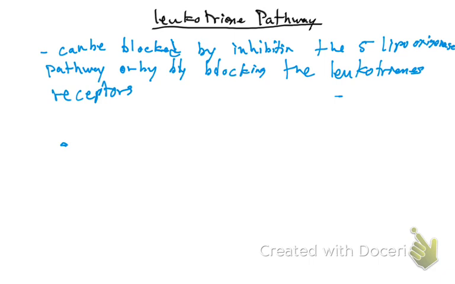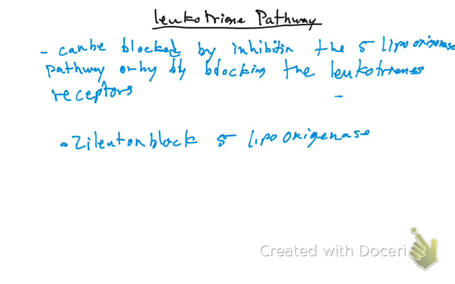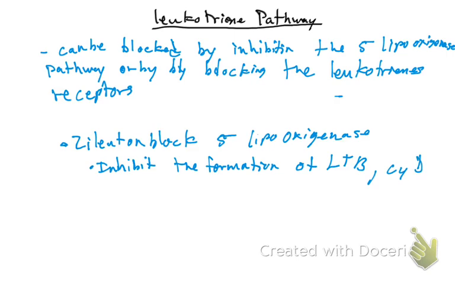So zileuton is a drug that blocks 5-lipoxygenase, and eventually it's going to inhibit the formation of leukotriene B4, C4, D4, and E4.